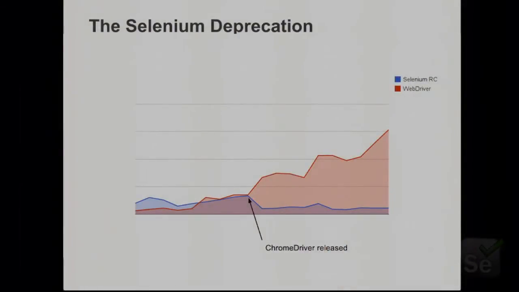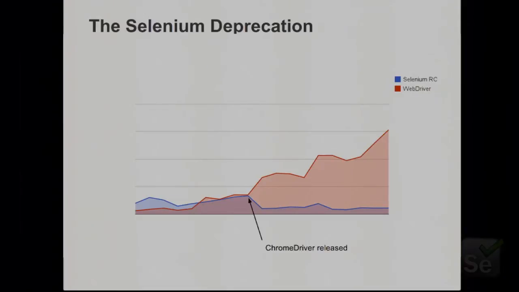So you can see here that when we released the Chrome driver, it was kind of the impetus we needed to get developers to finally sit up and take notice of WebDriver. We had IE, we had Firefox, and now you could test Chrome, Google's own browser. And it was stable, and it worked, unlike Selenium RC for Chrome. And so we just had this natural explosion in usage of WebDriver, and people started moving off of Selenium.